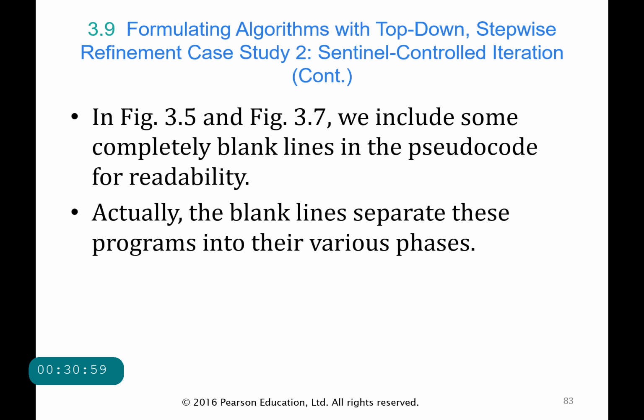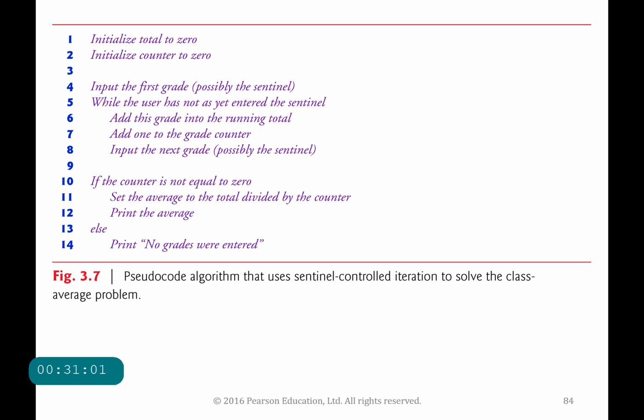So let's look at the pseudocode all together. Initialize total to 0, initialize counter to 0 as well. This is different from last time where we were initializing the counter to 1. And why are we initializing it to 0 instead of 1? Because the first grade that we enter, we enter before we go into the while statement.